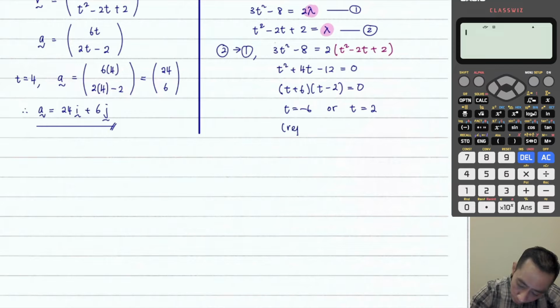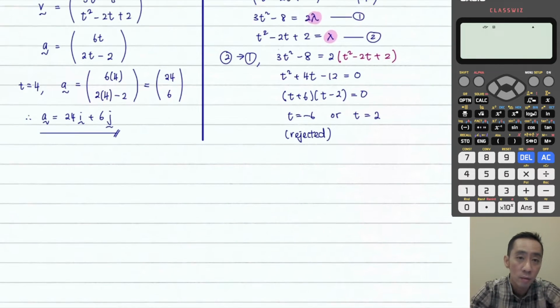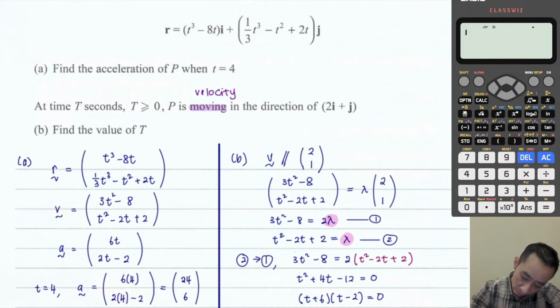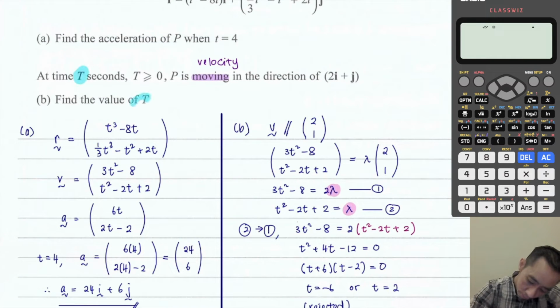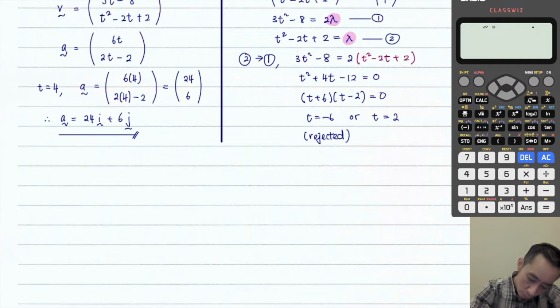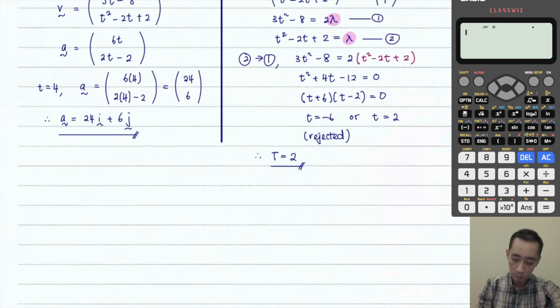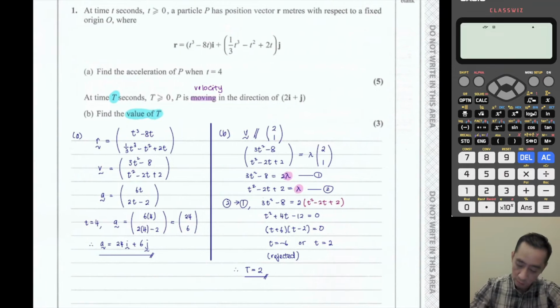So t cannot be a negative number. So therefore, the answer to the question, the value of t, is t equals 2. So here is the first question.